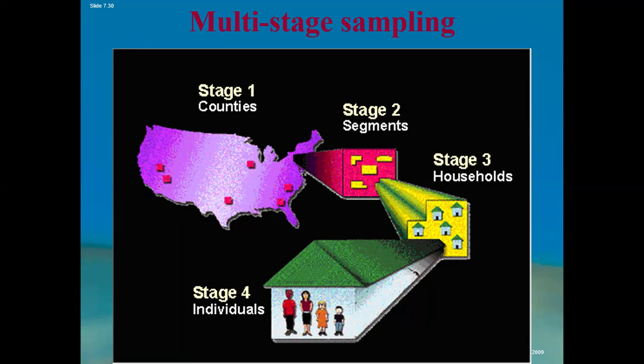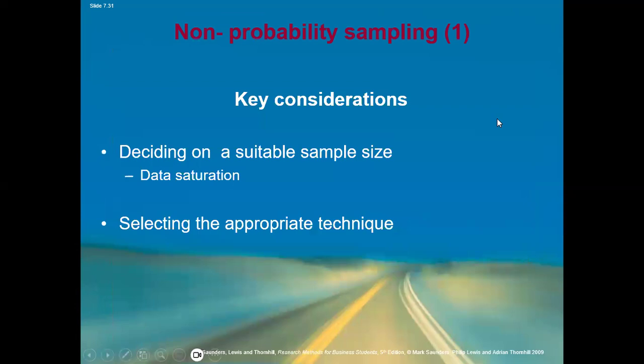When we evaluate the households, within the households there are a number of people. Likewise, the inclusion is like that. The cluster, multi-stage sampling. Then apart from the probability methods, the non-probability method is there.